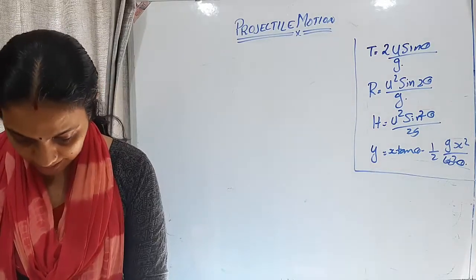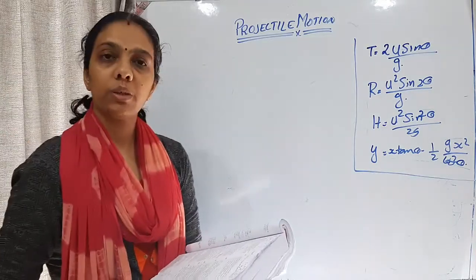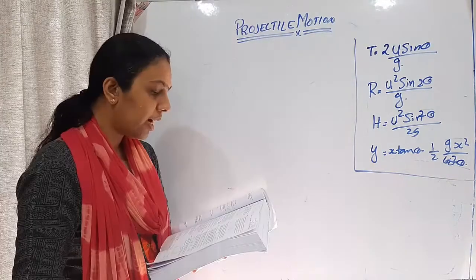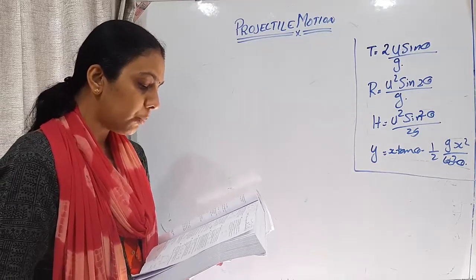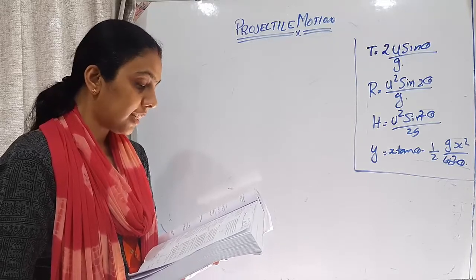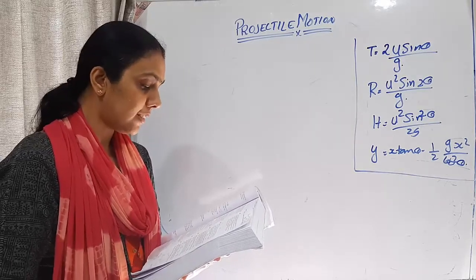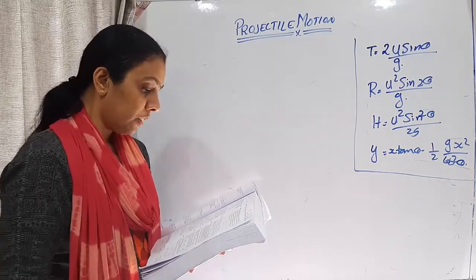Last class we did some of the numericals and today we are going to do the rest of them. A hill is 500 meter high. Supplies are to be sent across the hill using a cannon that can hurl packets at a speed of 125 meter per second over the hill.